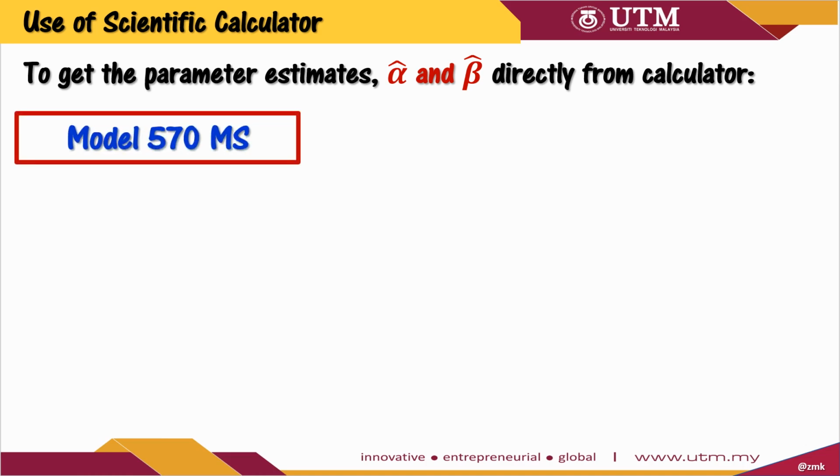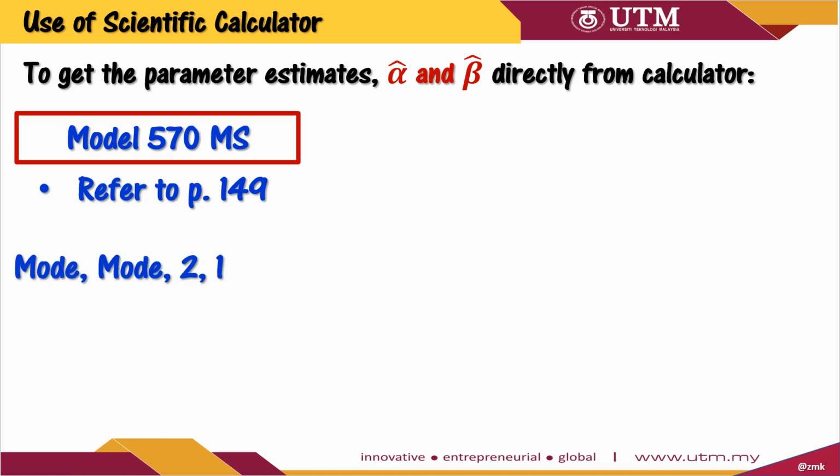570MS in page 149. What you can do first is to press the mode button twice, followed by 2 and 1 so that you get REG on your calculator screen, where REG is for simple linear regression.